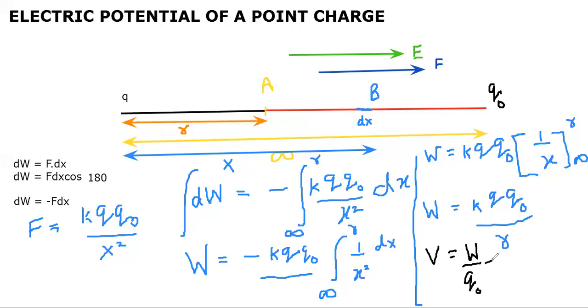Now if you put the value of W over here, Q naught and Q naught cancel, and what you are left with is K Q divided by r. So this is the formula of potential of a point charge. Now electric field intensity of a point charge was K Q by r square, and see, potential of a point is K Q by r. So the difference is just of r square and r.